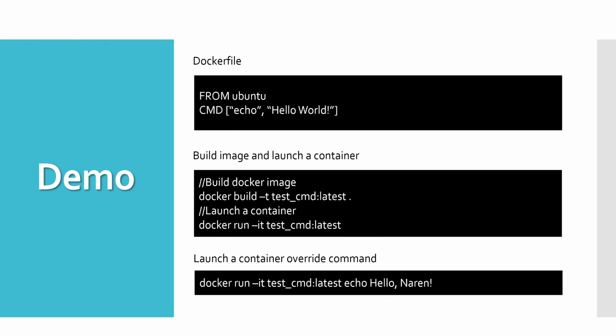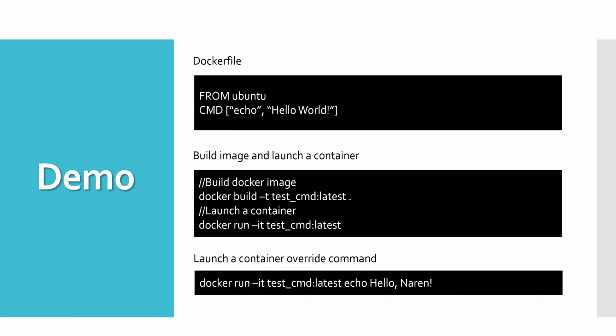Okay, so in this demo we are going to create a Dockerfile where we are adding a CMD instruction, and then we are building an image and launching a container with the default CMD that was defined in the Dockerfile.